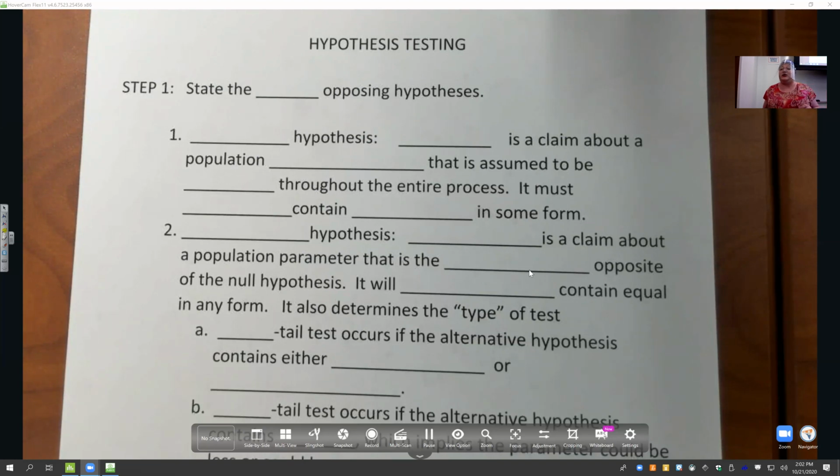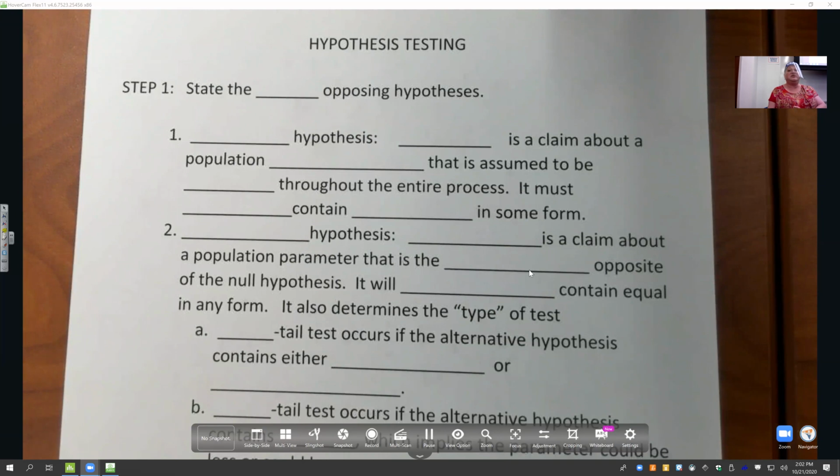Okay, today we're going to be looking at the hypothesis testing process. And then at the end, hopefully we have an opportunity to look at a couple of examples. Hypothesis testing is really going to be our focus from now till the end of the term.